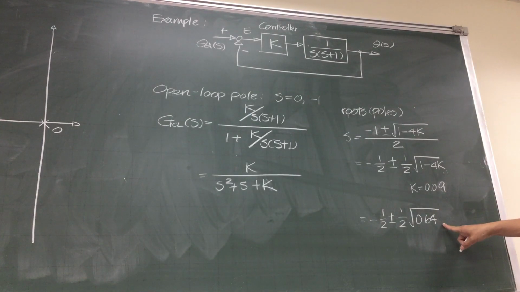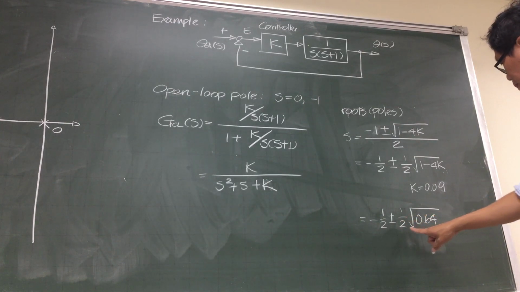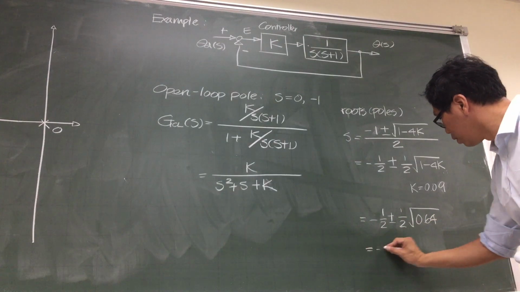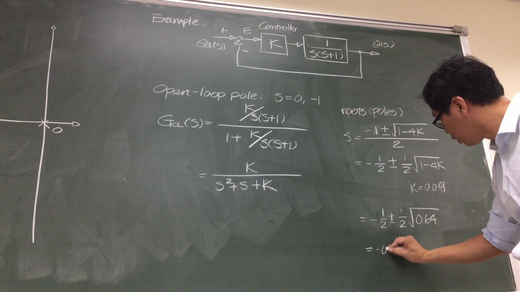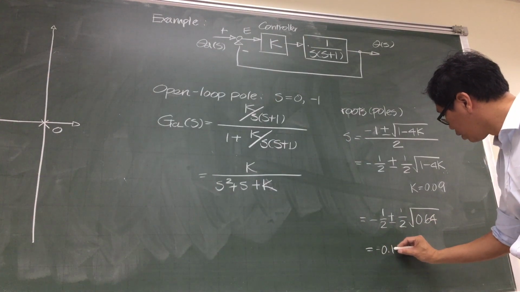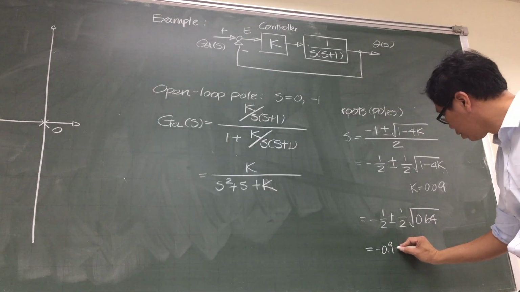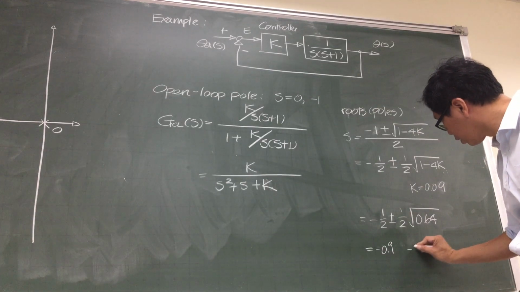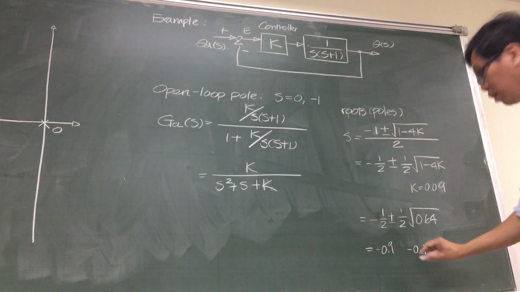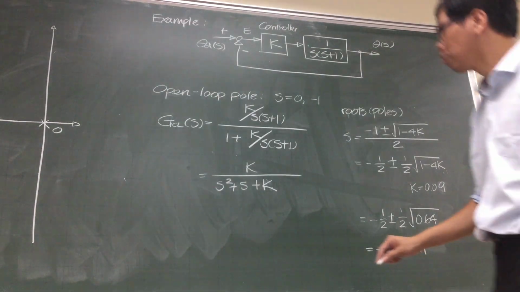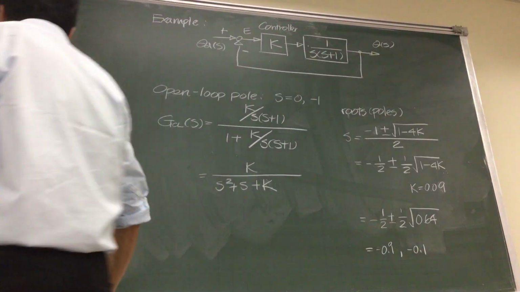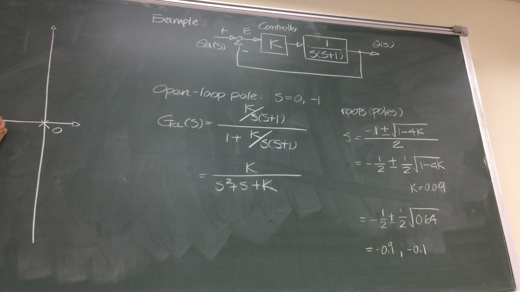So this one is going to be what? 0.8. So 0.8 divided by 2 is 0.4. So this is 0.4 and negative 0.1, right? So the poles are going to be located over here and over here.